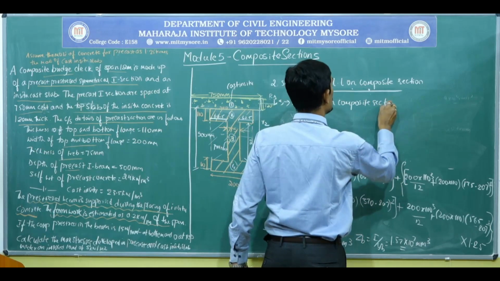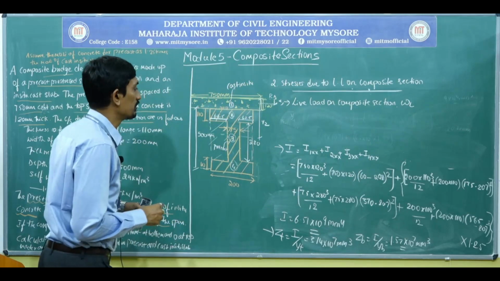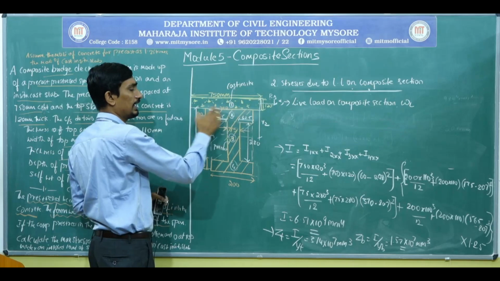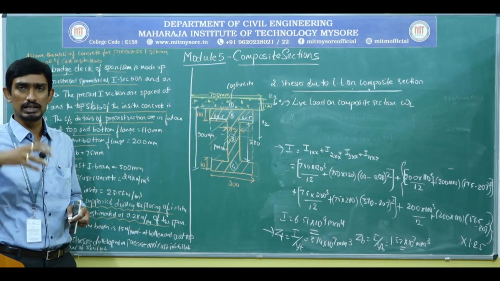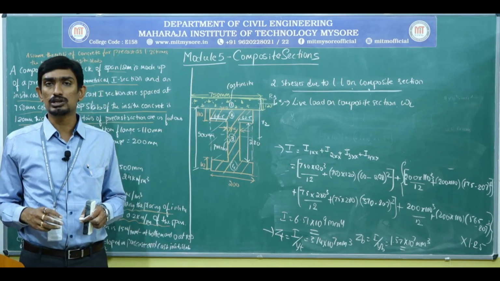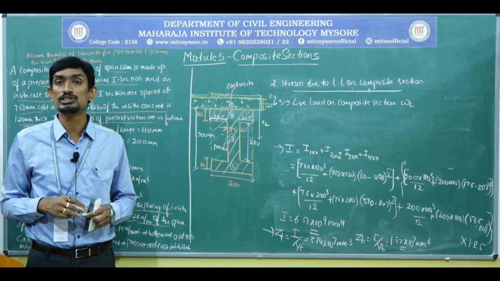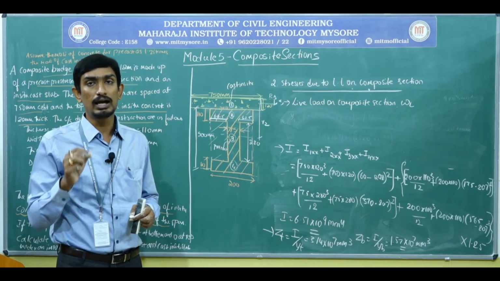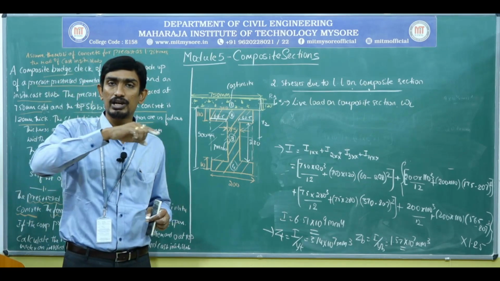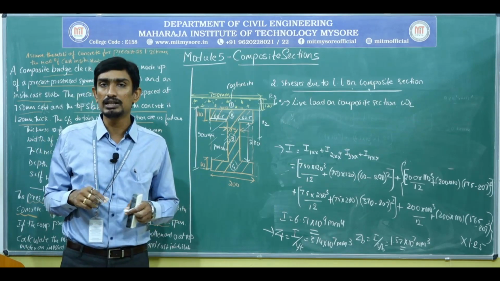Here also the same thing as what we did in the last. When the composite section is subjected to the live load, we need to consider the dimensions of the cast in situ slab, because the live load acts only on the top of the cast in situ. Please note down, while calculating the live load on the composite section, I will consider the top surface of the cast in situ, that is its width and length, multiplied by the load given.